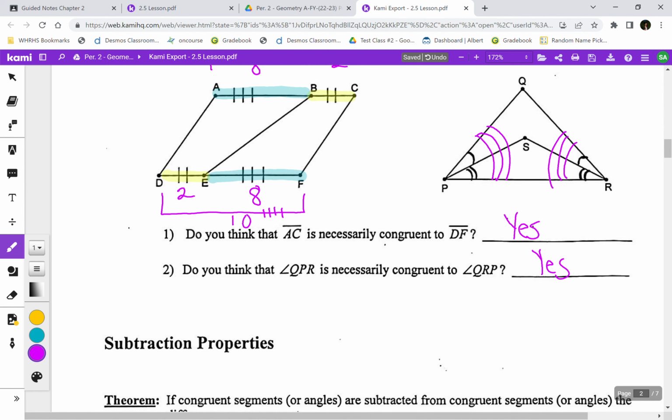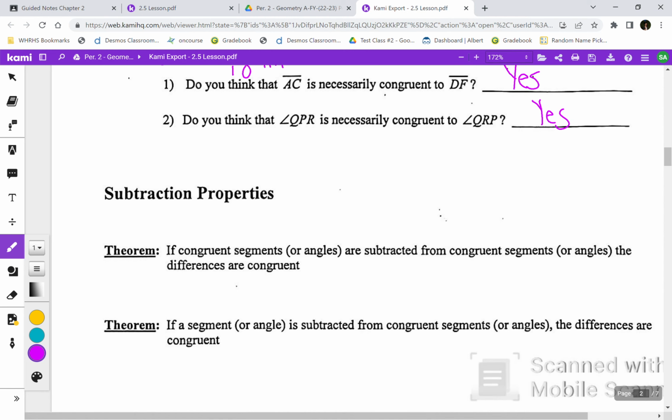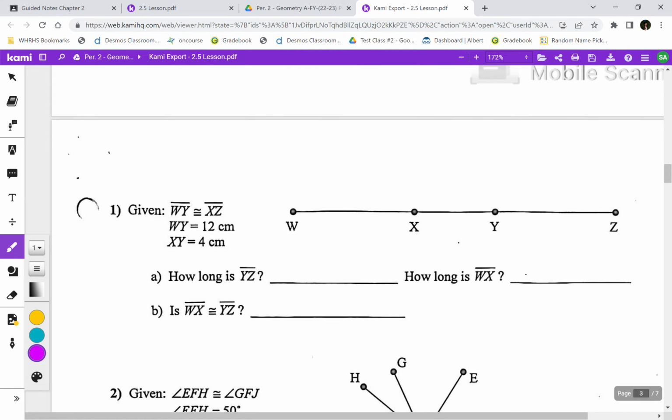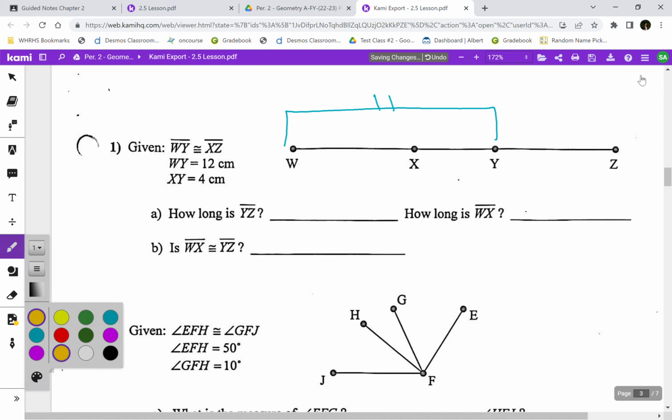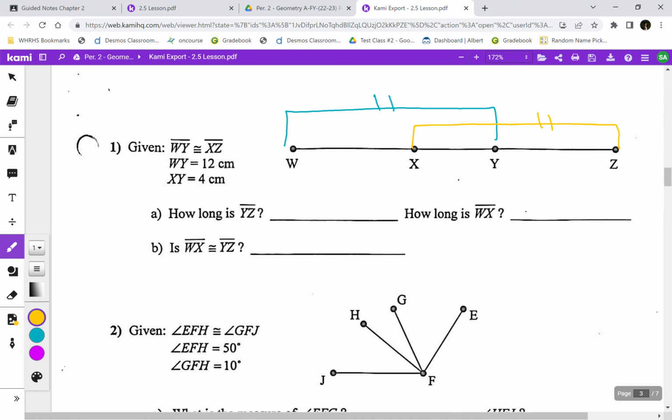So we spoke about addition, now we're going to talk about subtraction. I'm just going to show you. Here we have segment WY congruent to segment XZ. See how I marked it?